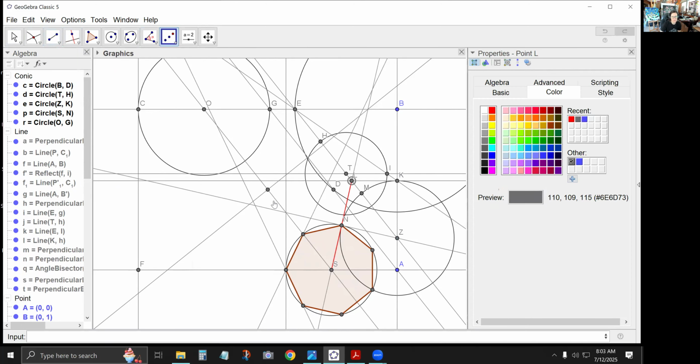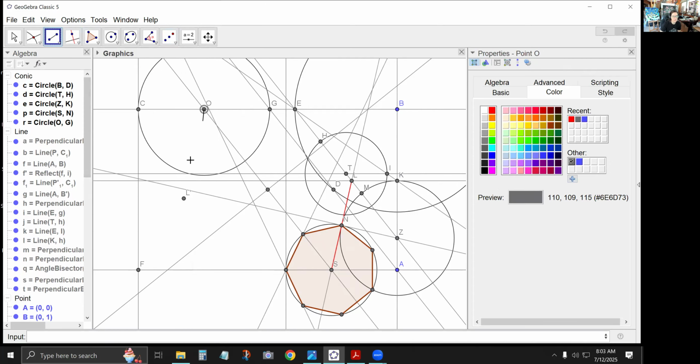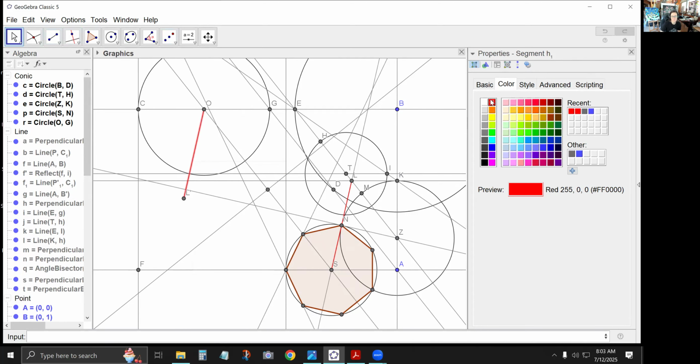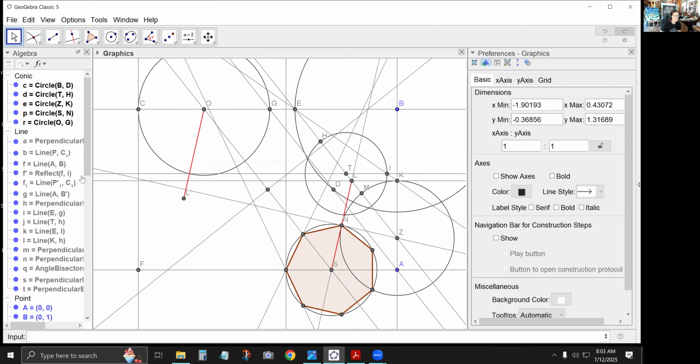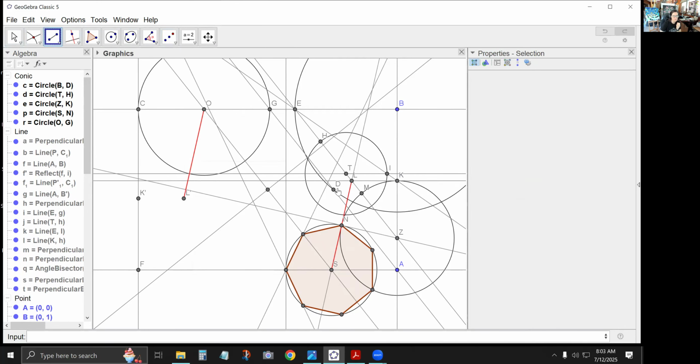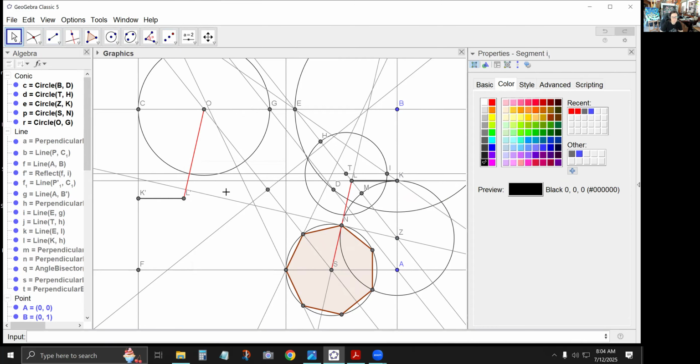And then I'm going to do a lot of reflecting about this center point. So I'm going to reflect point L over that center point, and I'm going to put in this segment. And then I want to reflect point K over this, and I'm going to put in LK and L prime K prime, and I'm going to make both of these red.